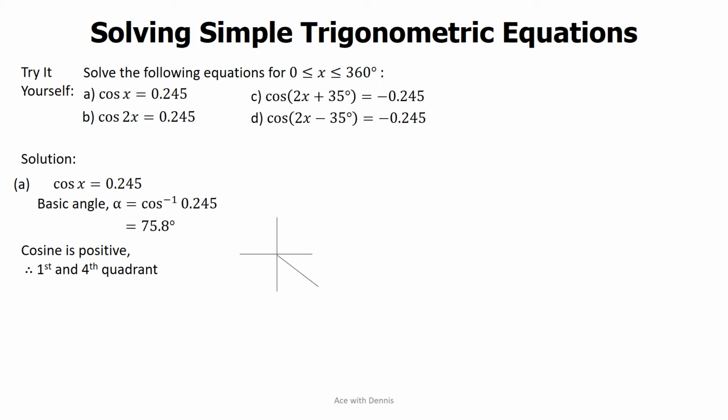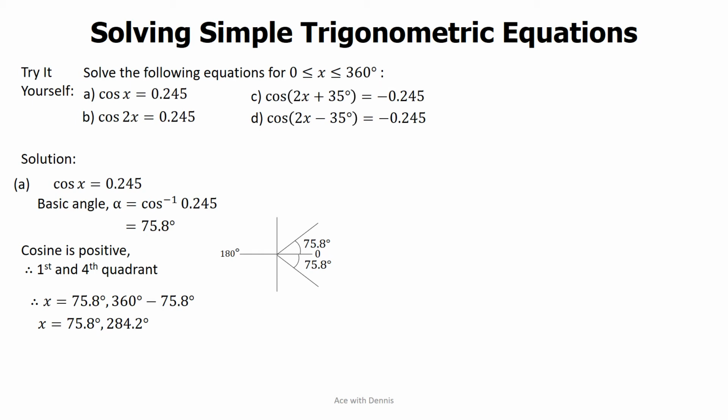So we can draw the quadrant diagram here. This is the base angle, 75.8 degrees, in the first and the fourth quadrant. So x will be 75.8 degrees in the first quadrant and 360 degrees minus 75.8 degrees for the fourth quadrant. The answer will be 75.8 degrees and 284.2 degrees.